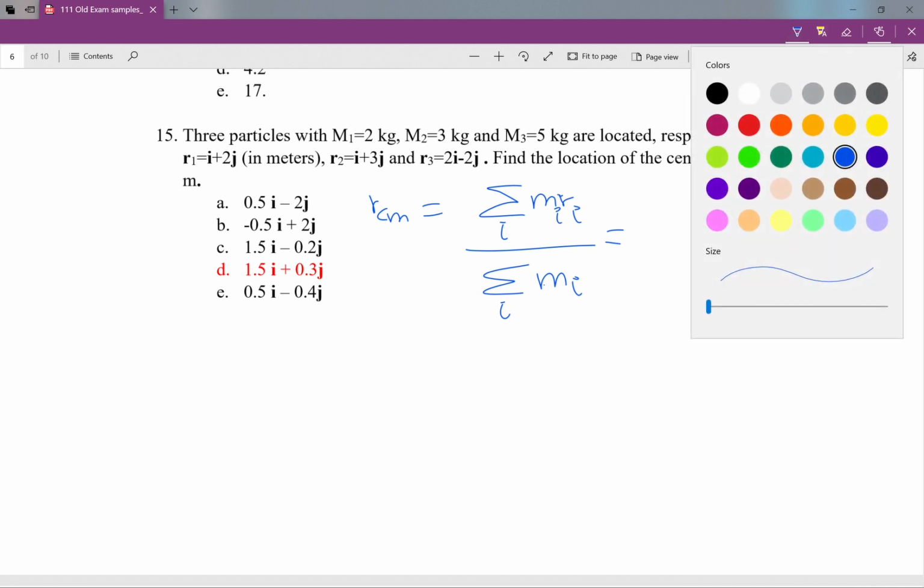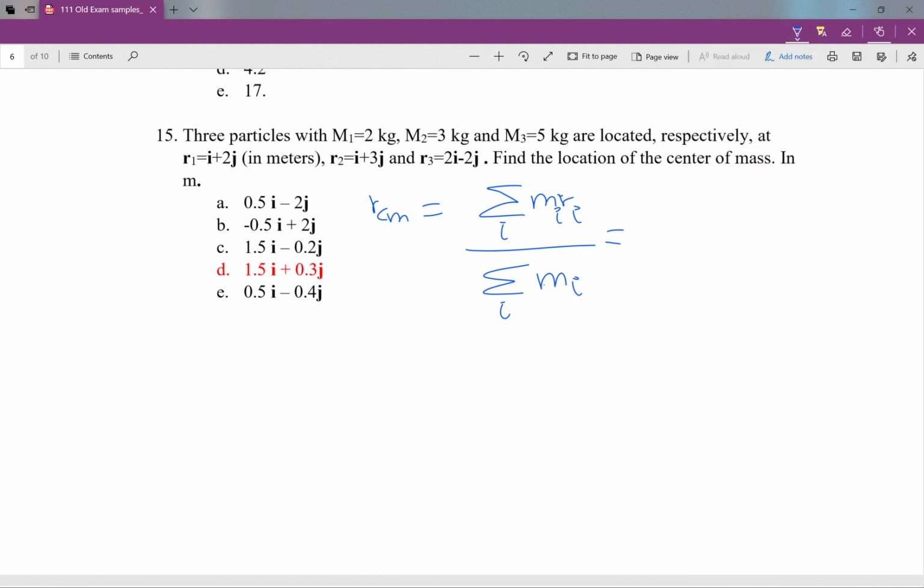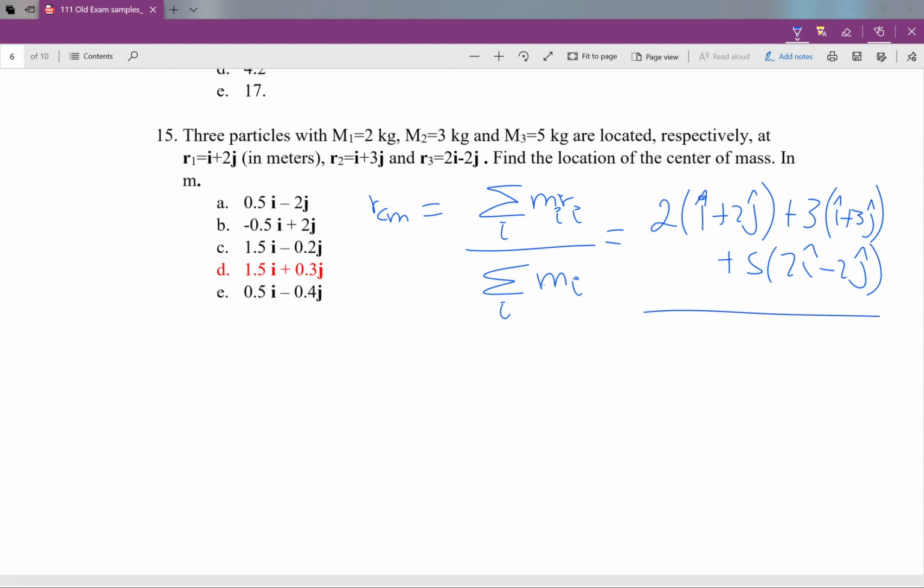We have m1, which is 2, times r1, which is i hat plus 2j hat, plus m2, which is 3, times r2, which is i hat plus 3j hat, plus 5 times 2i hat minus 2j hat. All of that is going to be divided by the total mass, which is 5 plus 3, which is 8, plus 2, which is 10.